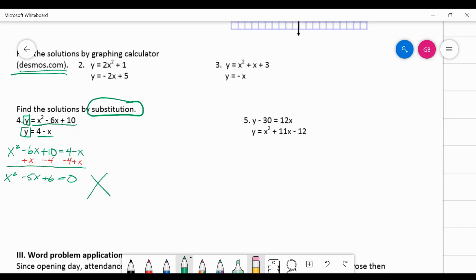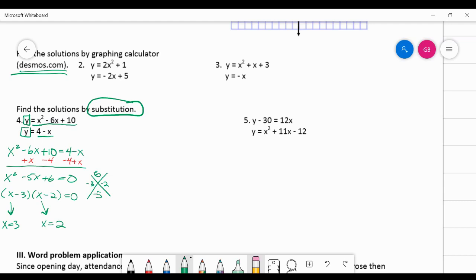So numbers that multiply to 6 and add up to negative 5 are negative 3 and negative 2. So the factors are x minus 3 and x minus 2. So the numbers that make this 0 are 3 and 2. So those are your x values.